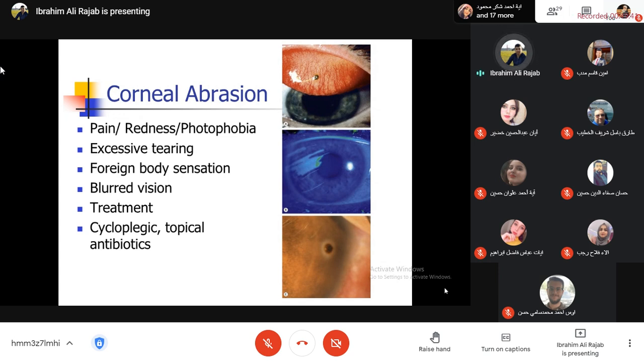Why do I give the patient cycloplegic agents if he has corneal insult? Because when we have keratitis, corneal ulcer, or corneal foreign body, there will be a reactionary spasm in the ciliary body. Spasm in the ciliary body causes severe ocular pain, and the pain caused by this spasm will not be relieved by the strongest analgesia.